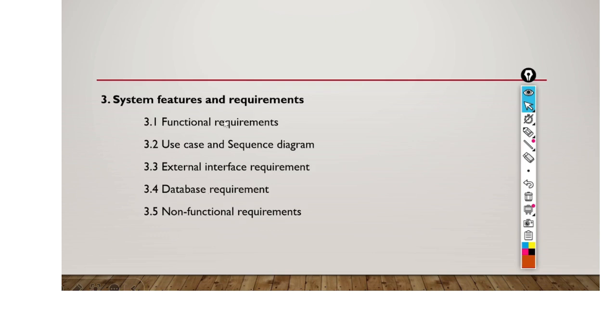Functional requirements always focus on the functionality, meaning what the system has to perform, and non-functional requirements always focus on the performance of the system. Whatever the software product is, it looks into the performance rather than the functionality.